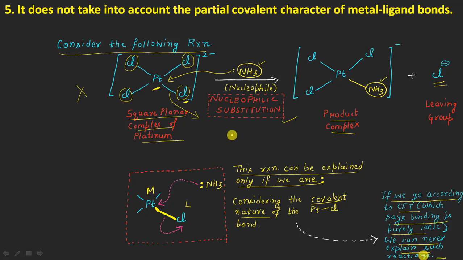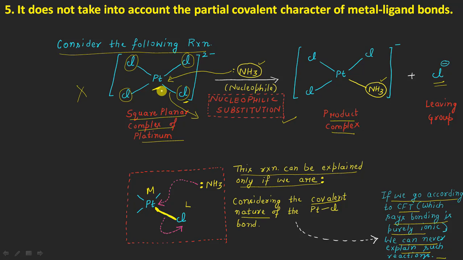So if we really want to explain the reaction mechanism in the case of nucleophilic substitutions occurring in square planar complexes, we have to assume that the bonding between the metal and the ligand has some partial covalent bond character. If we do not do so, we will not be able to explain the mechanism of all these reactions, right?